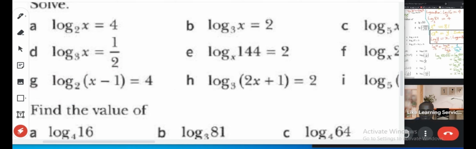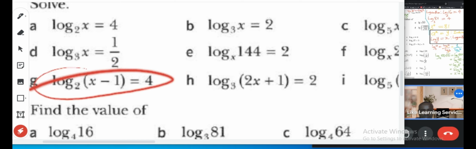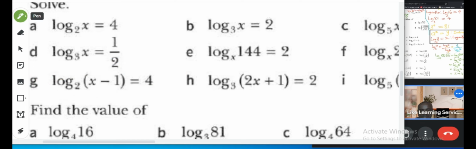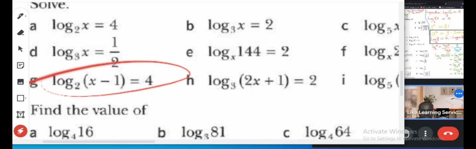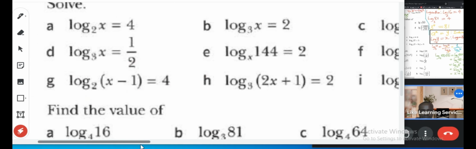Sometimes you may need to change them to indices. You can get it by changing them to indices. For instance, change what I just circled here to indices.